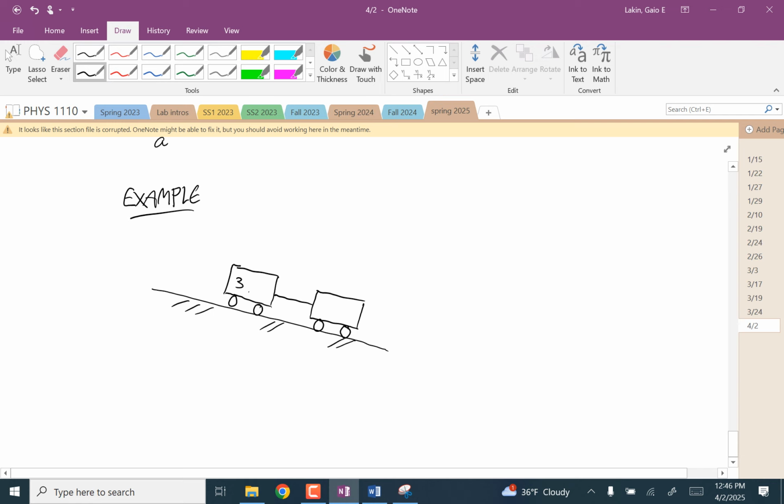Let's say this one's 3 kilograms, this one's 2 kilograms. And we're going to pull here with a force of 15 newtons. And we want to calculate first the acceleration vector, and second, the tension in that cable.